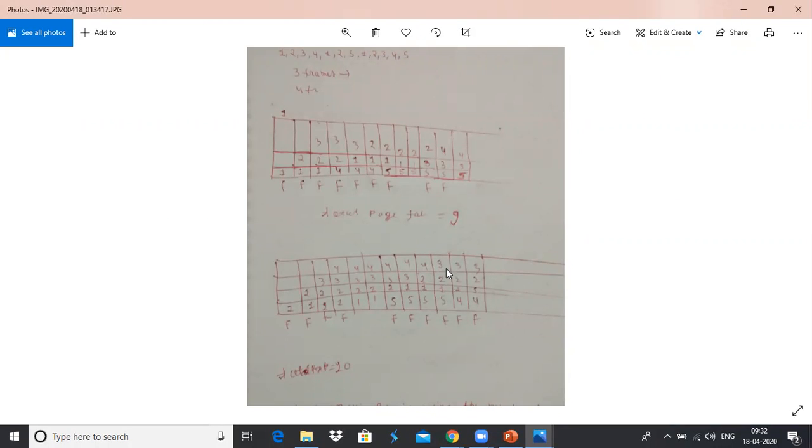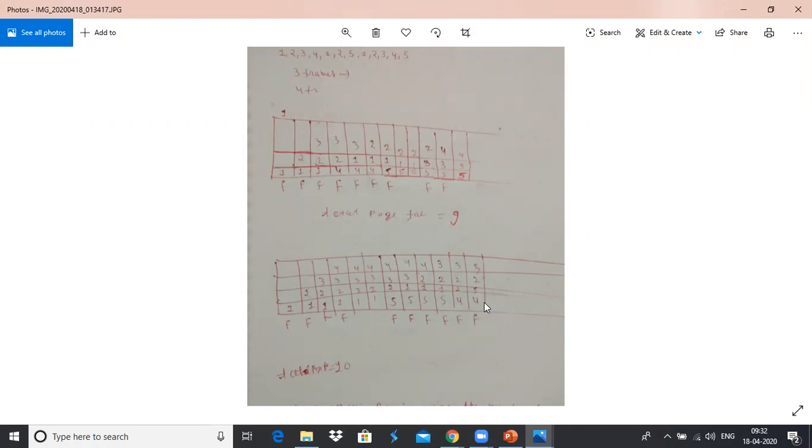Again 4 comes, so we will replace 5 with 4, 1 page fault occurs. Again 5 occurs, previously no 5, so 1 will be replaced by 5. One page fault occurs.